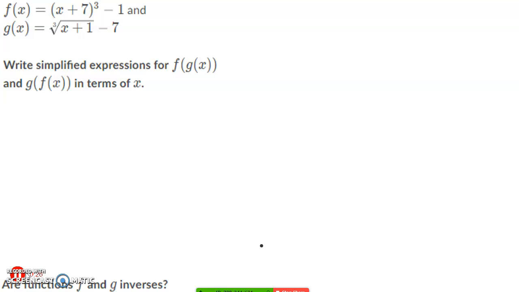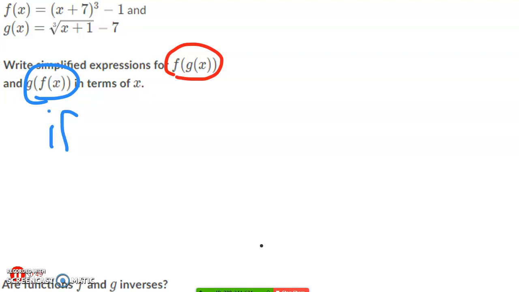And the way we know that is if I find f of g of x, and then I find g of f of x, and they are the exact same answer, then I have inverse functions. That means that g of x is the inverse of f of x.